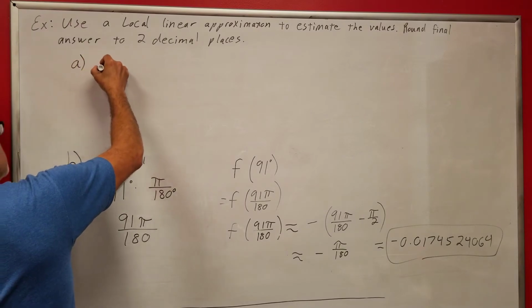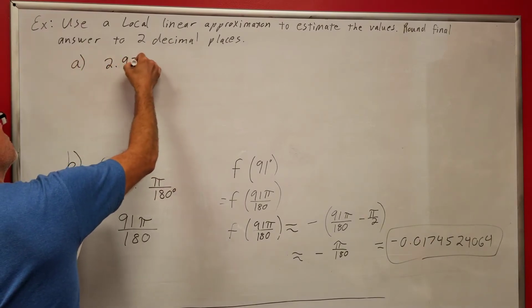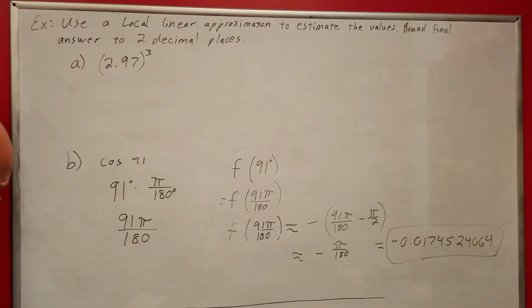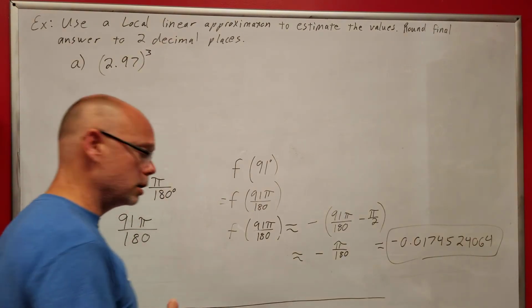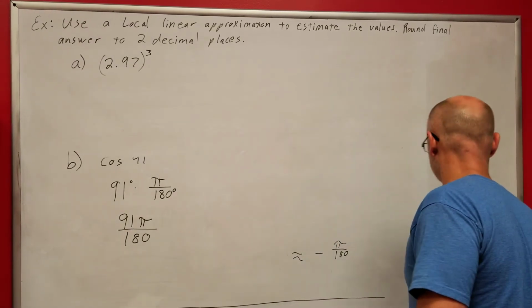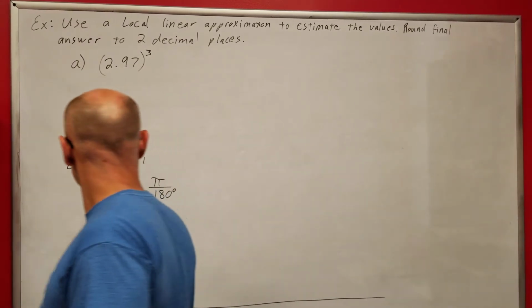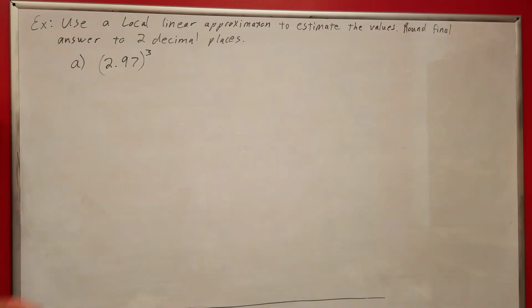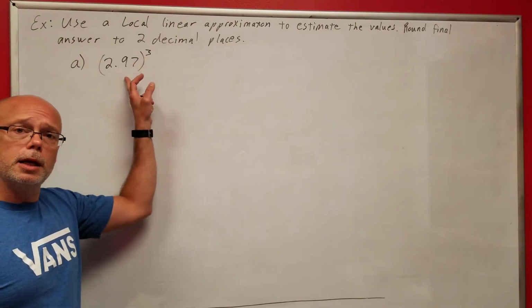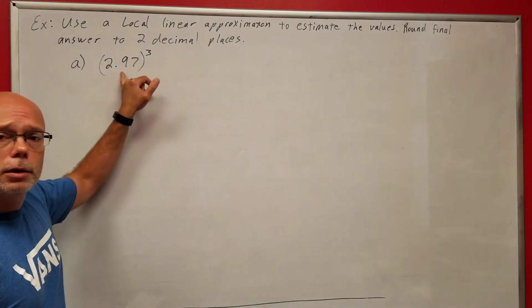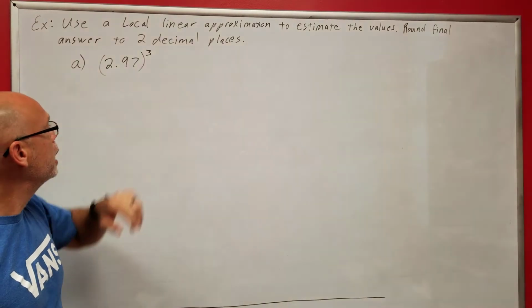In Part A, we're going to be given 2.97 cubed, okay? So we want to use a local linear approximation to get this value right here. Well, what am I doing? I'm cubing 2.97, right? A much easier thing to do would be to cube 3 and then come up with that value.